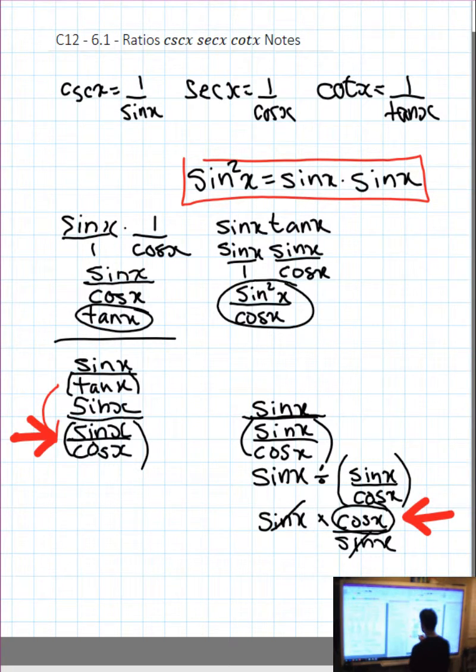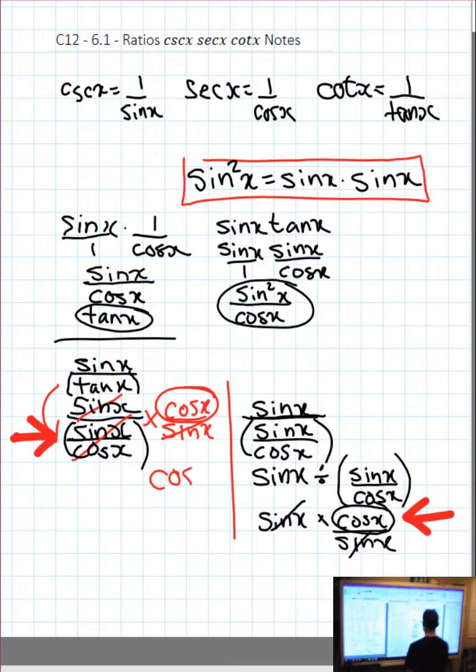So couldn't I just cross it off and change it to flip and multiply? Cos x over sine x? Why not? Now I have a sine x on the top and the bottom. I can cross them off. And my answer is simply cos x.